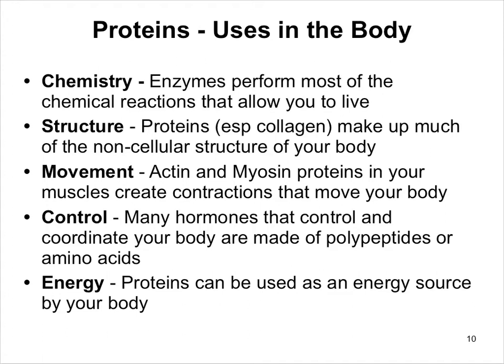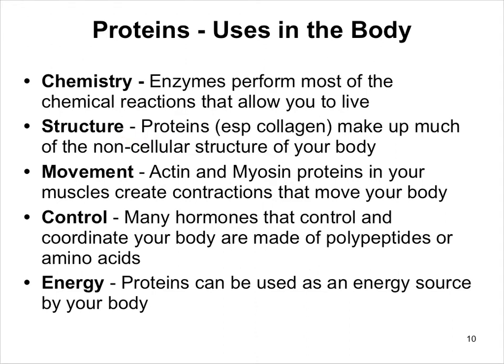These chemical reactions are what allow you to be alive. They're what allow your body and your cells to do stuff. Everything that happens in your body happens because enzymes make them happen. But that isn't the only way that proteins are used. About half the proteins in the body are also used for structure.